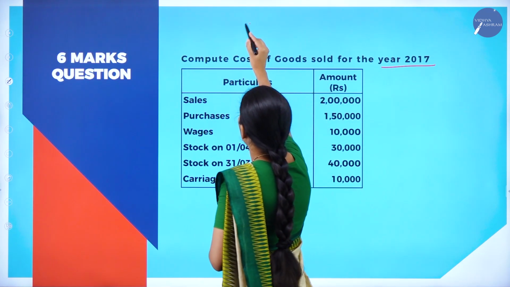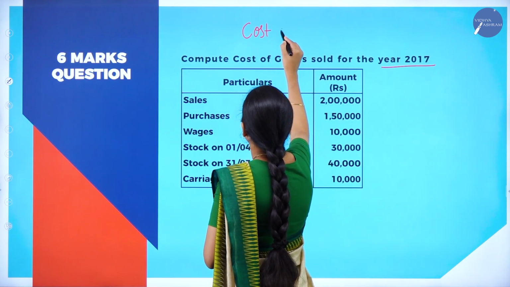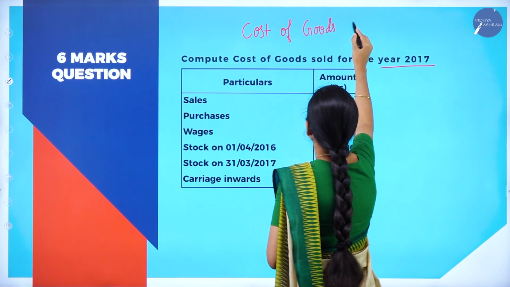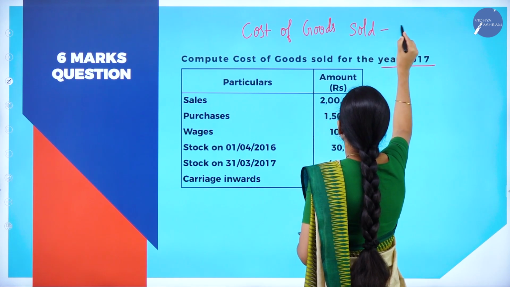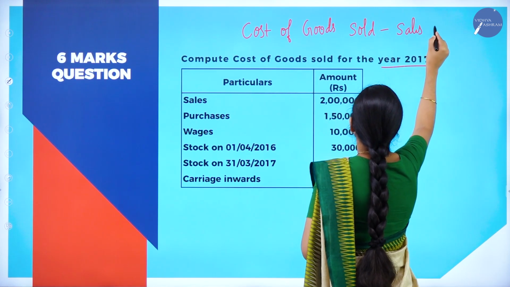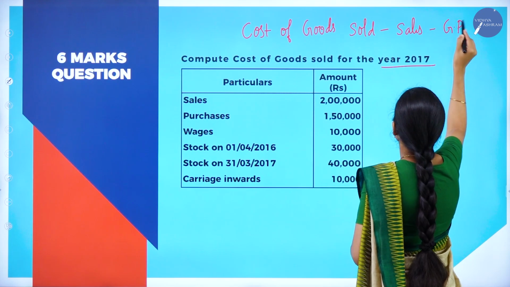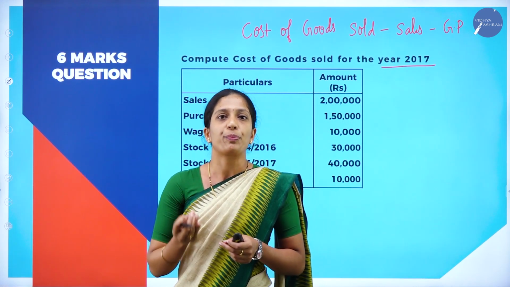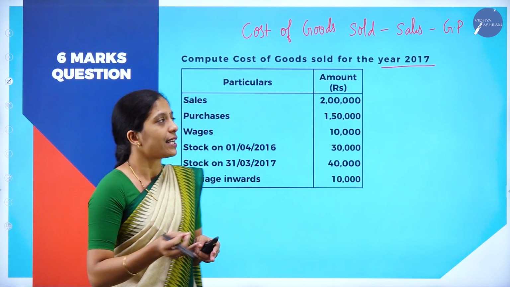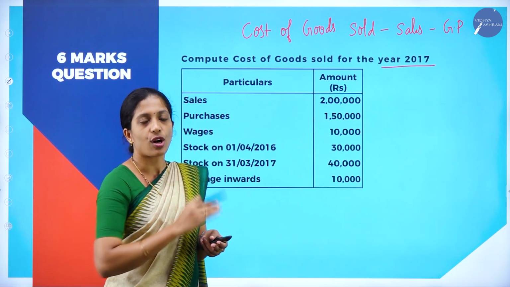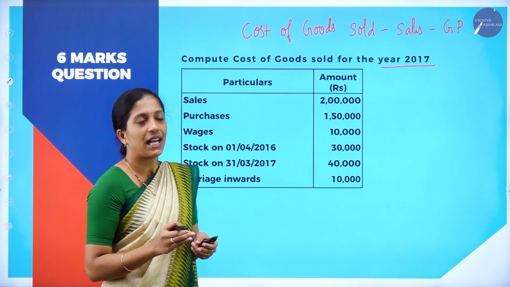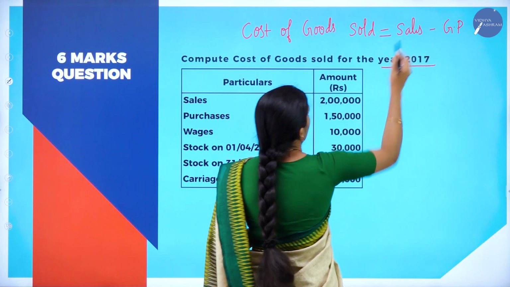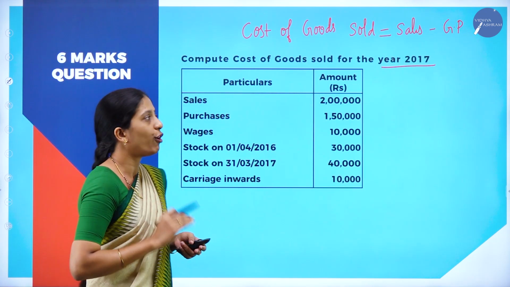The other formula is: cost of goods sold is equal to sales minus gross profit. Suppose you know how to prepare your trading account, you can easily calculate cost of goods sold by using this formula.